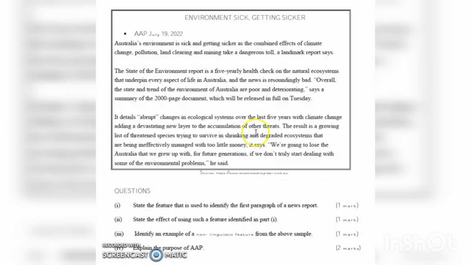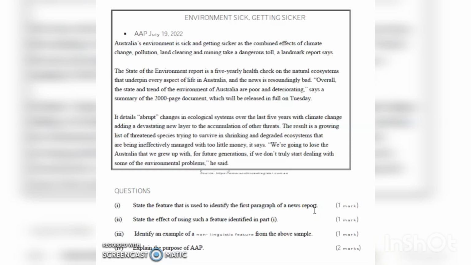Now let's turn to our first question. State the feature that is used to identify the first paragraph of a news report. So once again, complete sentences. You will start with, the feature that is used to identify the first paragraph of a report is called the lead-in.